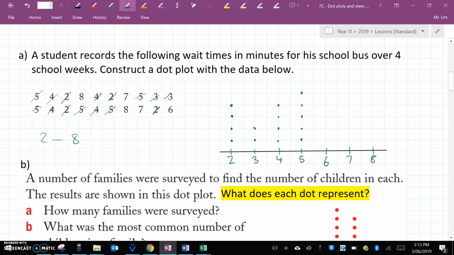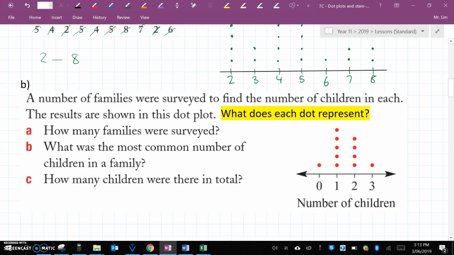How many 6's? 1. How many 7's? 1, 2. And how many 8's? 1, 2. And that's it. Make sure you line up your dots evenly with all the other columns.